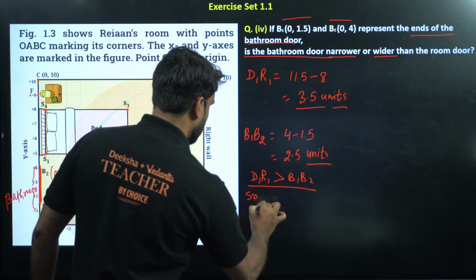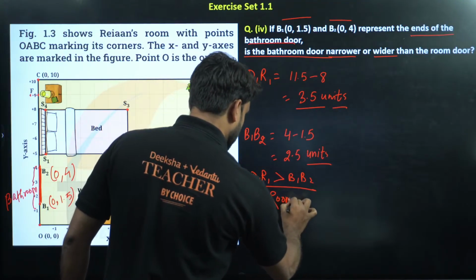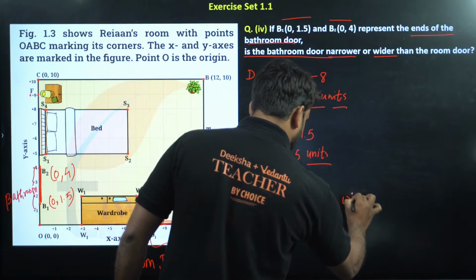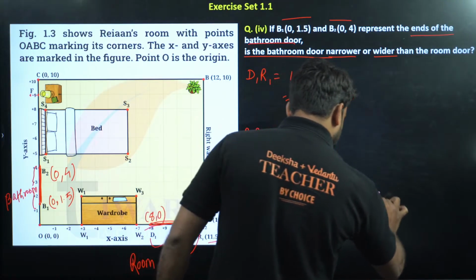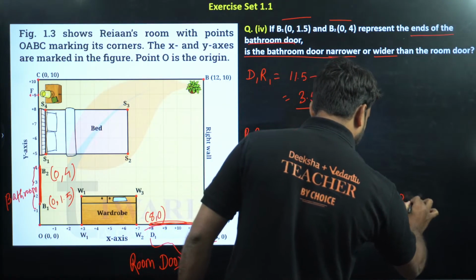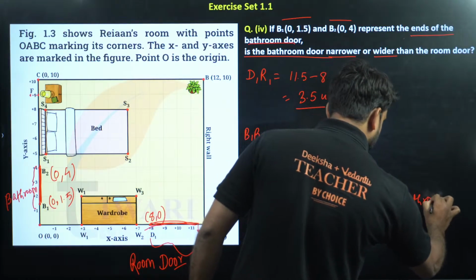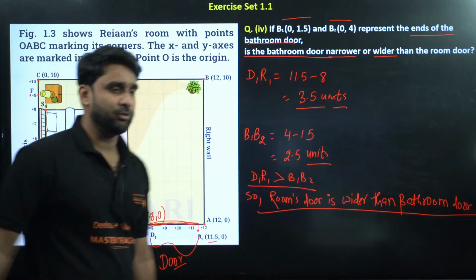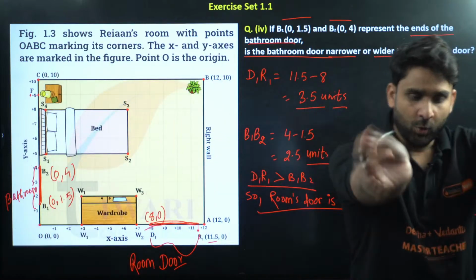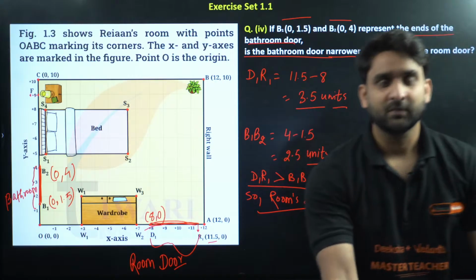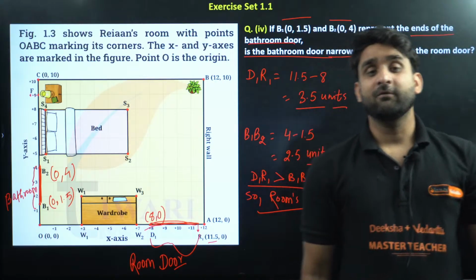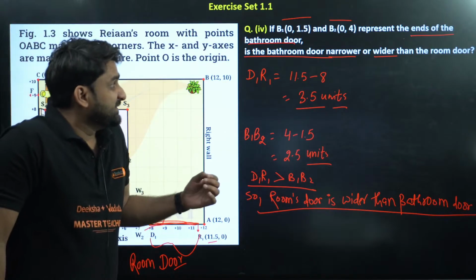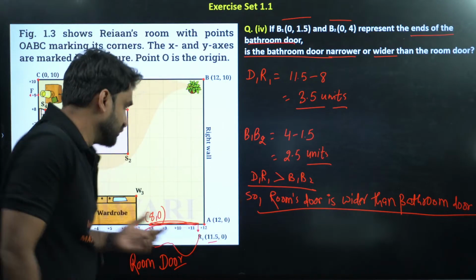So the room's door is wider than the bathroom door. I hope this is clear to you all. The room's door is wider than the bathroom's door. The question was to give the information about which door is narrower and which door is wider.